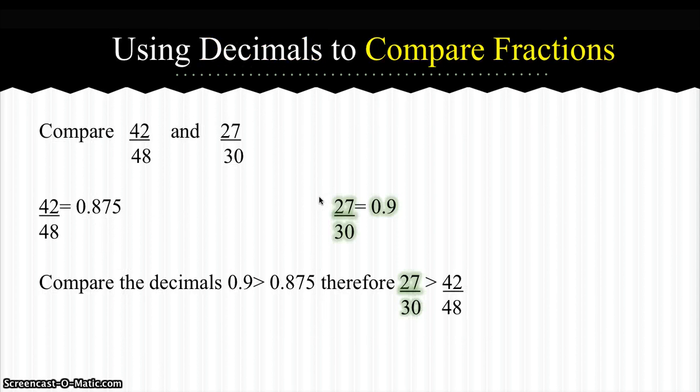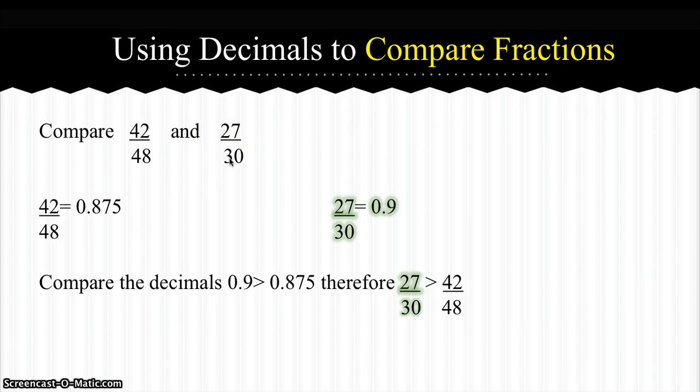In the next section, they want you to do just what we did. They want you to change the fractions to a decimal so that we can compare them more easily. Fractions are very difficult to compare. You want to think of it in the realm of pizza, because if you had a pizza pie and you divide it into 48 little slices and you ate 42 of them, would that be more or less than dividing the pizza into 30 slices and eating 27?